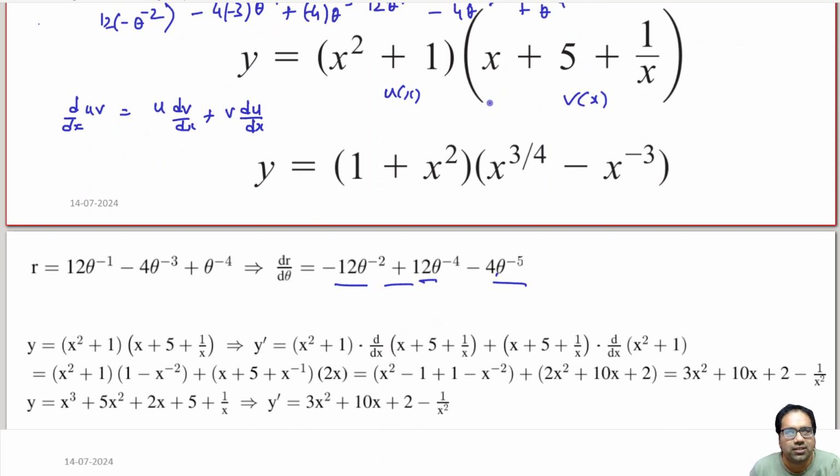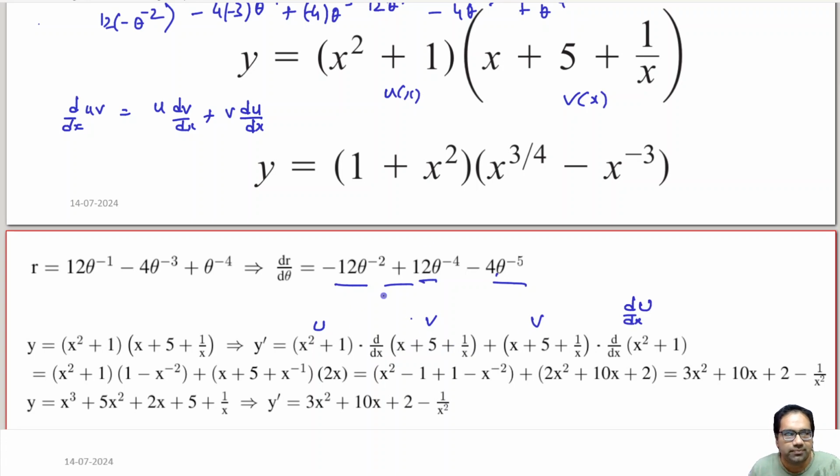That is, taking the first function and differentiating the second, and taking the second function and differentiating the first. So this one is u, times d by dx of v, x plus 5 plus 1 by x, plus v times du by dx.